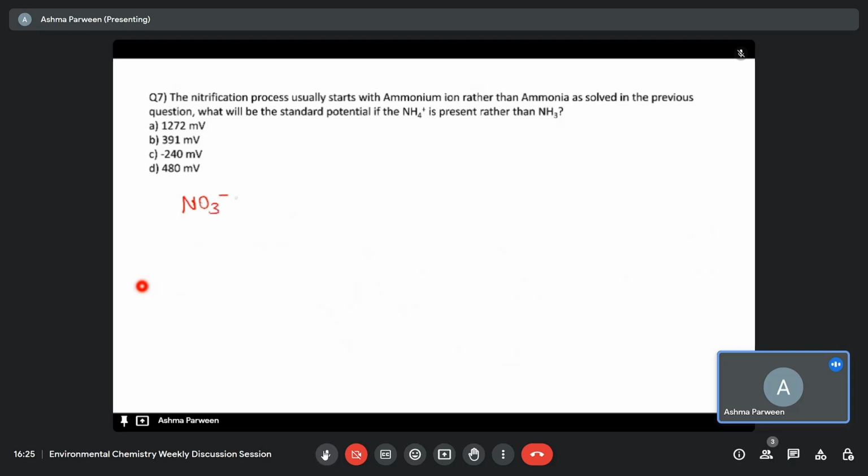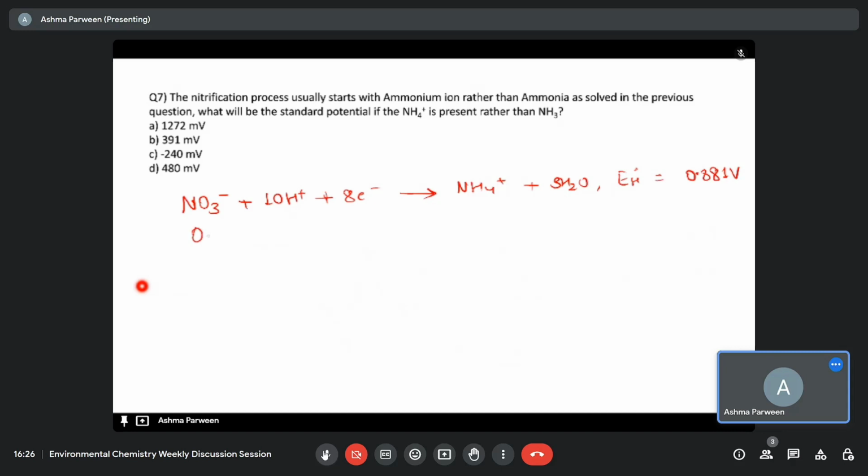For reduction of nitrate to ammonium, EH naught is 0.881 volts.